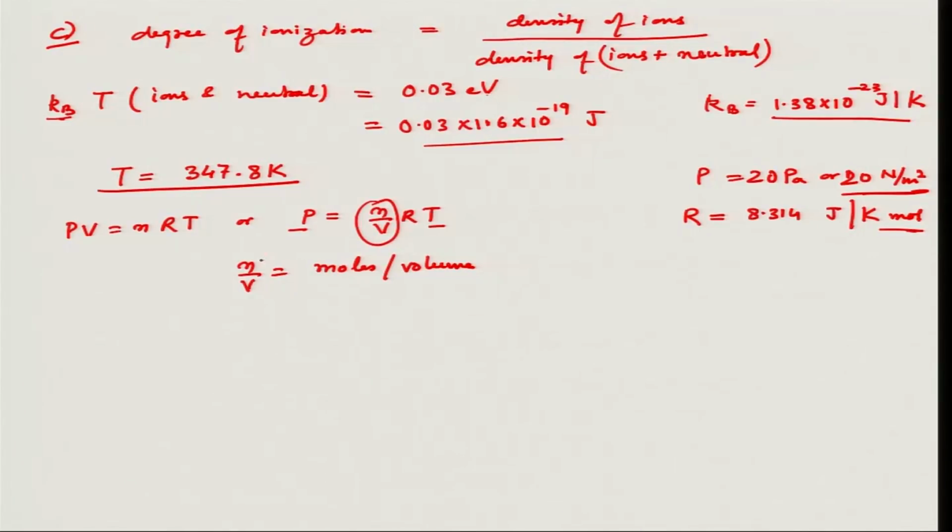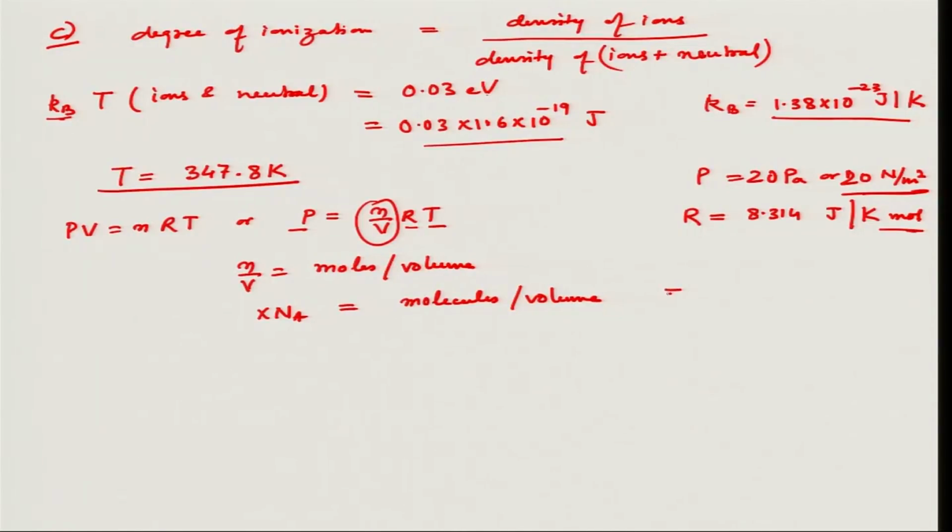So, we can calculate N over V using this, we know R, we know T and we know P. And we can also convert this N over V, if we multiply it by Avogadro's number, to number of atoms or molecules per unit volume.